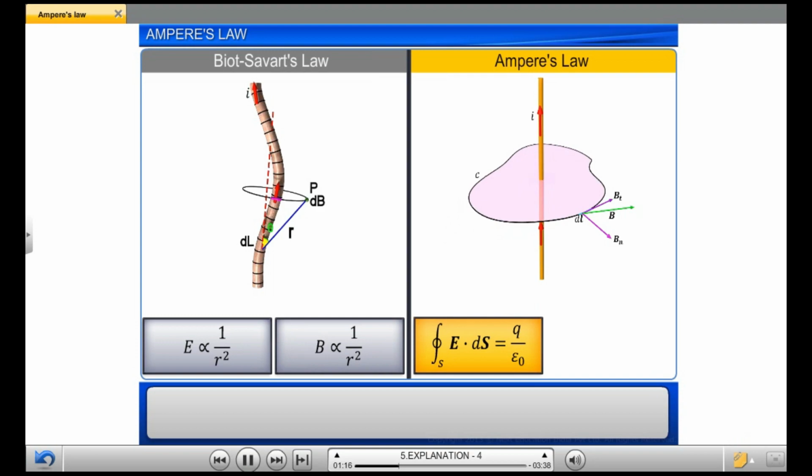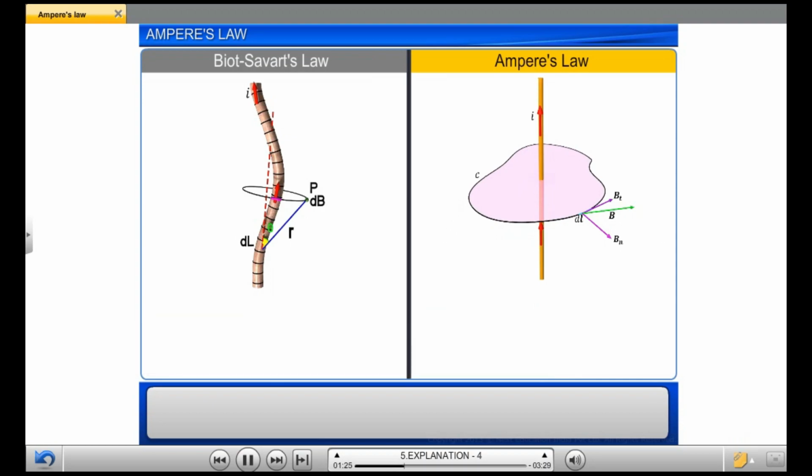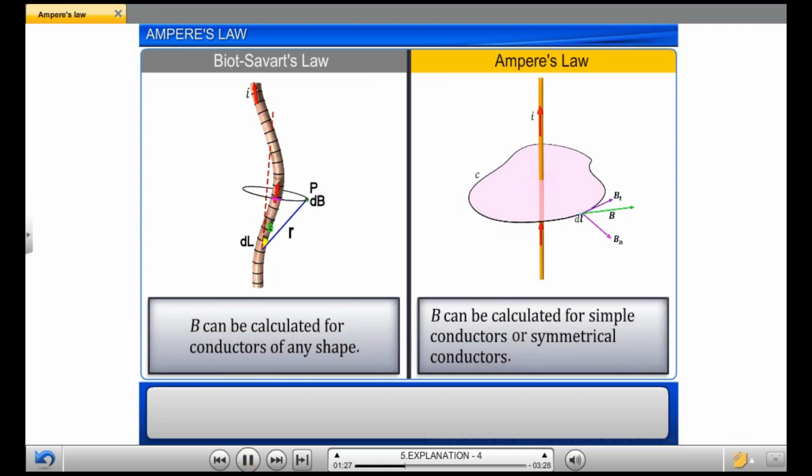According to Ampere's law, integral over the closed curve C, B dot dl is equal to mu naught I. Only when the symmetry of the situation allows us to take B outside the integral B dot dl, we can calculate the magnetic induction using Ampere's law. It offers the most convenient way of calculating the magnetic induction, like in the case of a straight current carrying conductor.